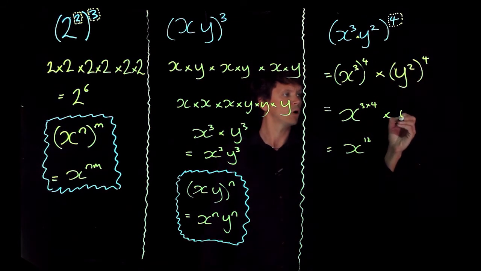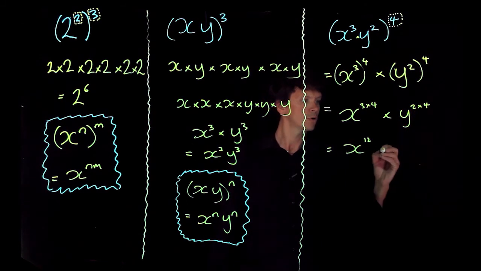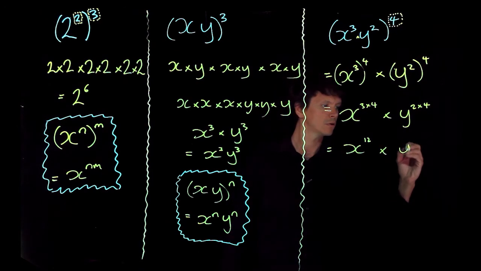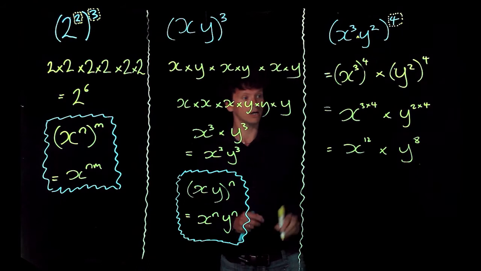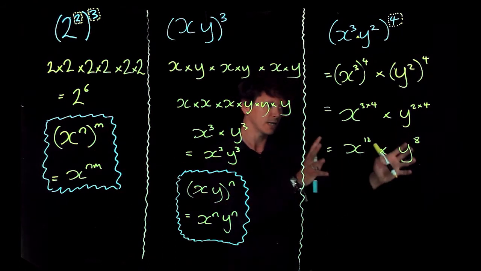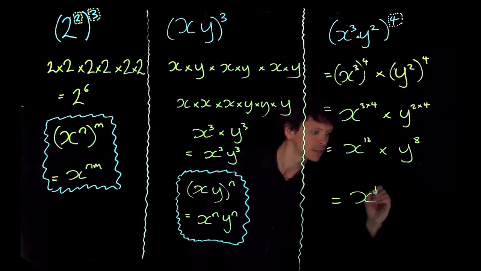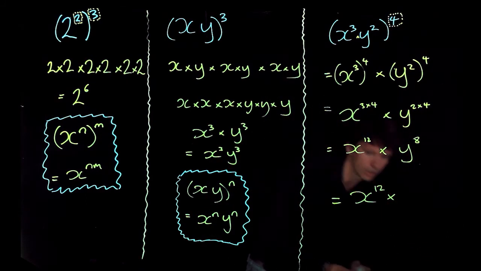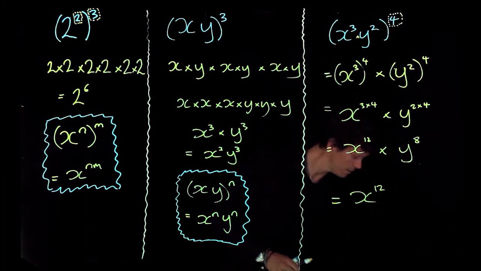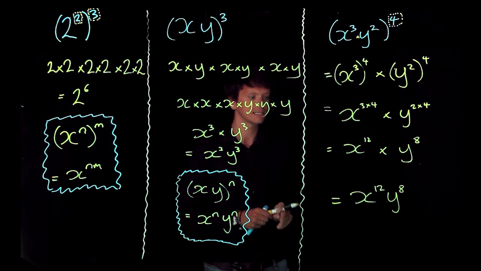Well, we know that is y to the power of 2 times 4, which equals y to the power of 8. So our final answer, bringing everything we've looked at into one example, equals x to the 12 times y to the 8. And I'm going to lose that multiplication sign this time. x to the 12 y to the 8.